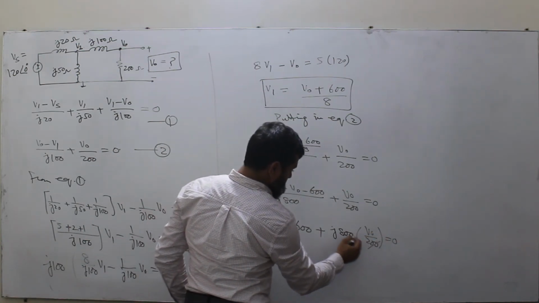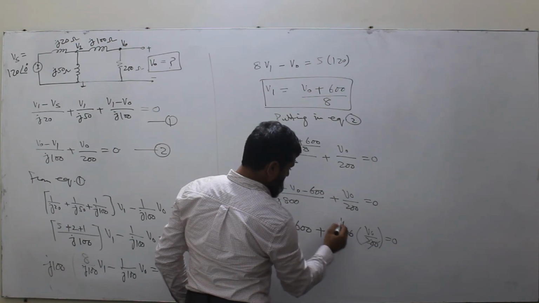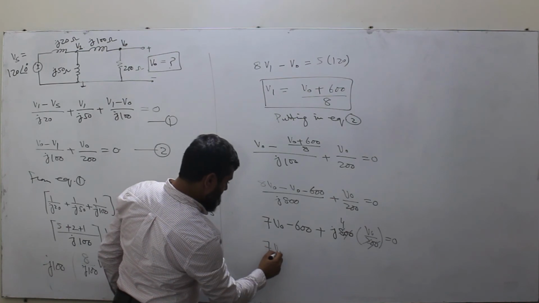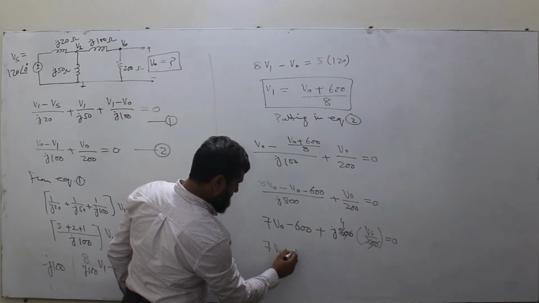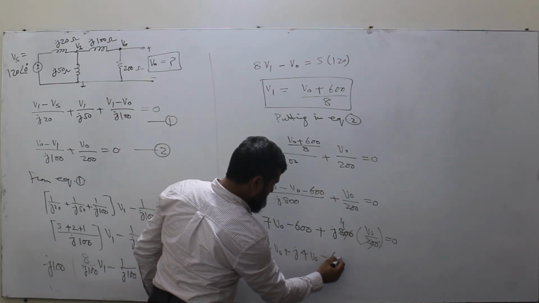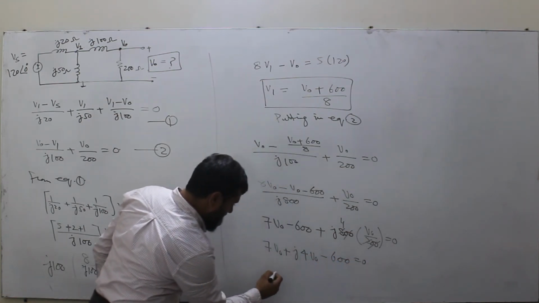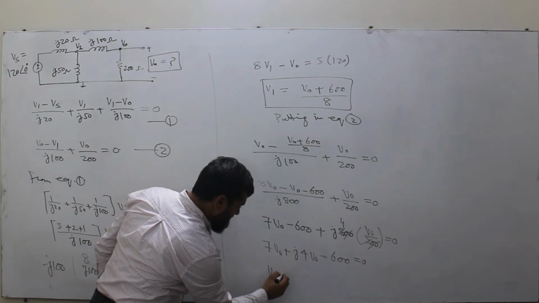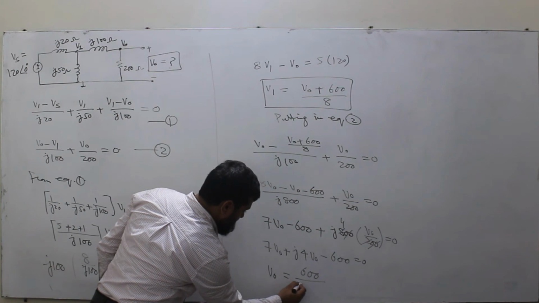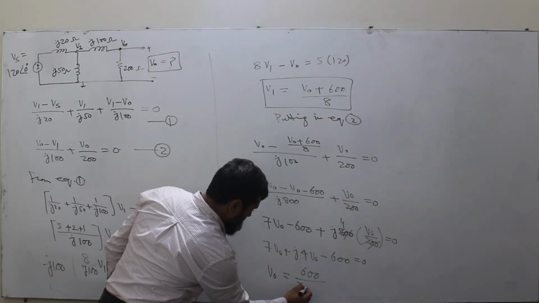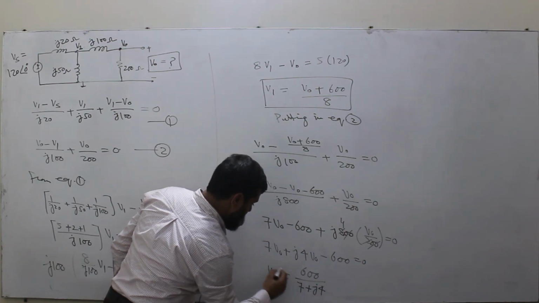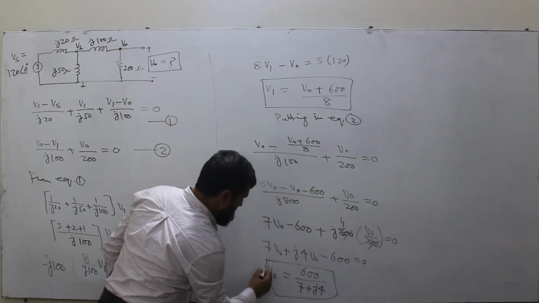So this is 7 V0 plus j4 V0 minus 600 is equal to 0. And from here you can directly find the value of V0, which is 600 divided by 7 plus j4. So this is our answer.